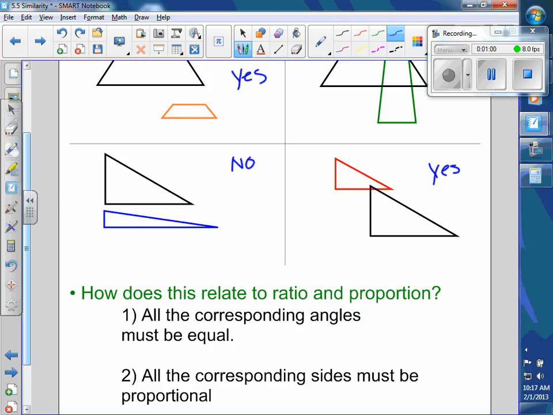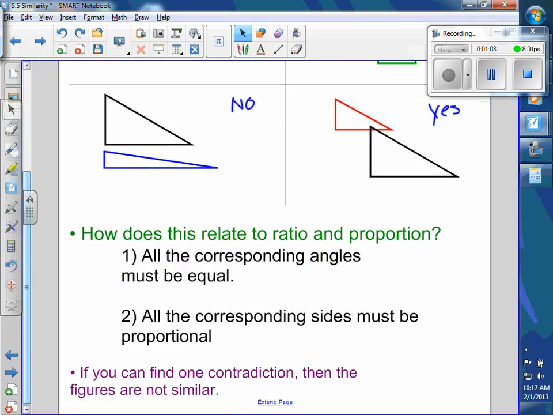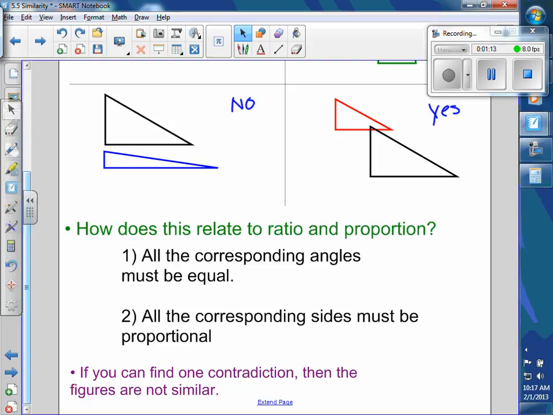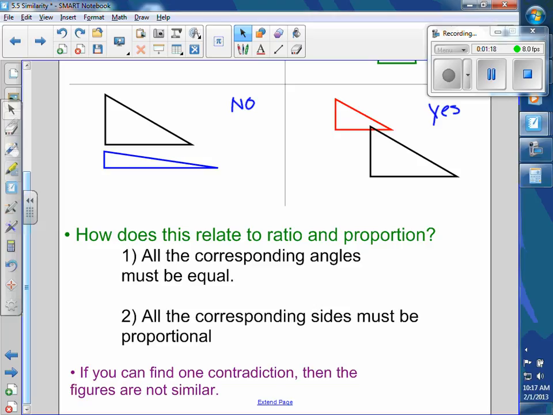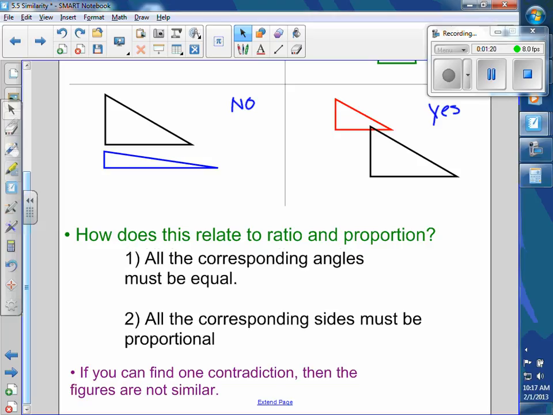So just before we start, you want to get an idea in your head. Does that make sense? Yeah. So I had a couple questions. Down here, how does this relate to ratio and proportion? Well, the corresponding angles may be equal. That's not going to be a ratio and proportion, but the corresponding sides being proportional is using the techniques that we did yesterday.